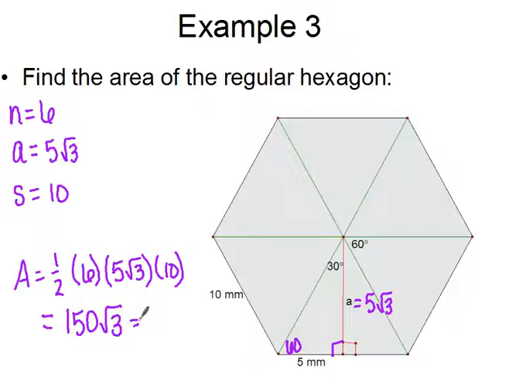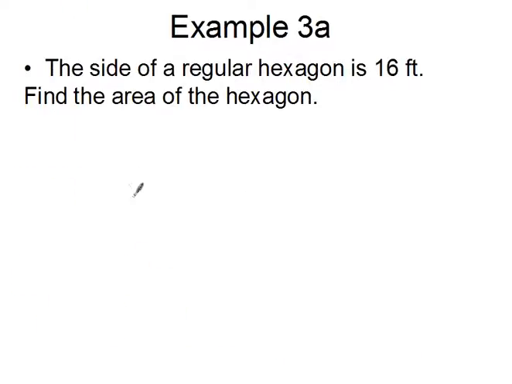If I change that to a decimal, I get 259.8, and it would be millimeters squared. Okay? Changes the game a little bit when you have to start finding these. That 30, 60, 90 triangle is coming back with a vengeance. Alright, one more and then we're going to go over and do some trig.